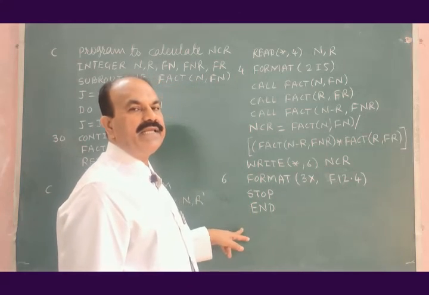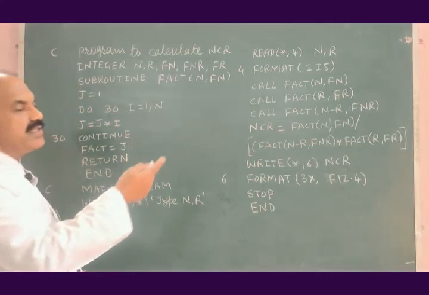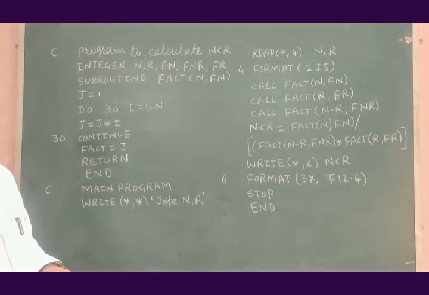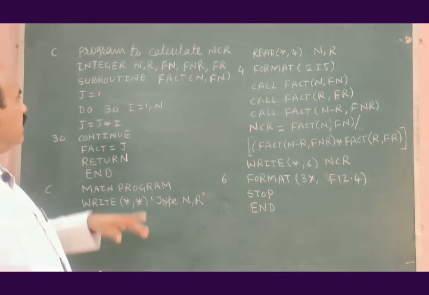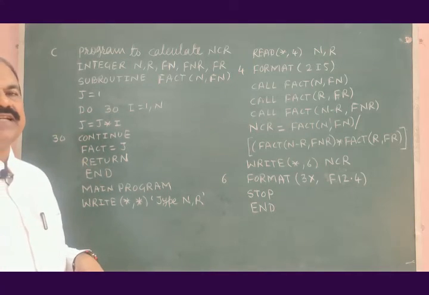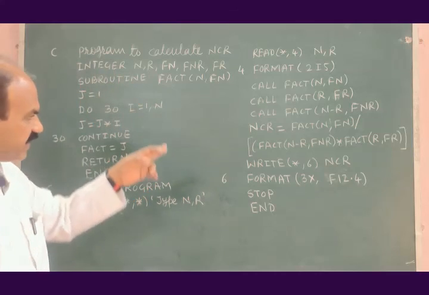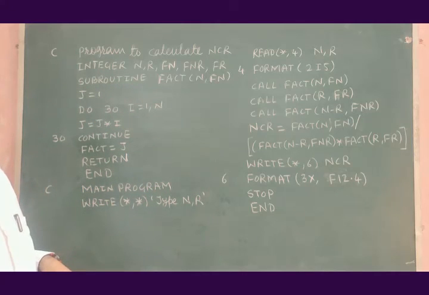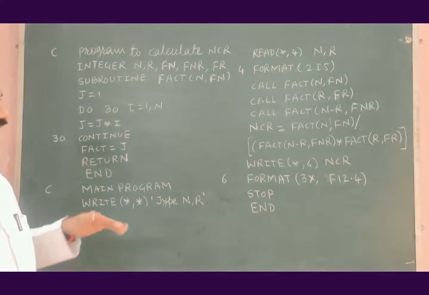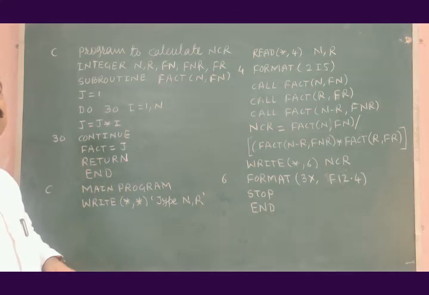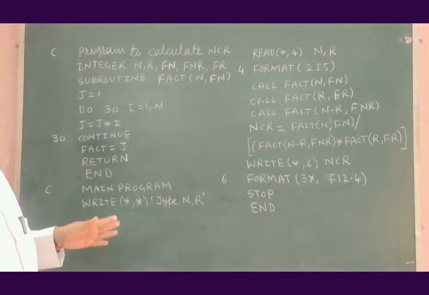Stop and end. This is a simple program written using subroutine subprogram and call statement. You see, it has become somewhat bigger. It might be made bigger than this, but I don't want to make it much bigger.